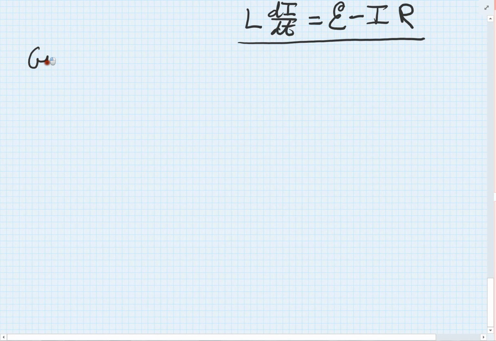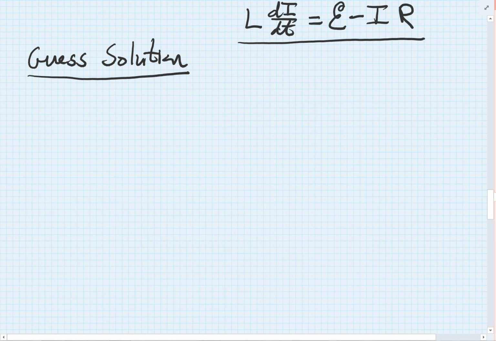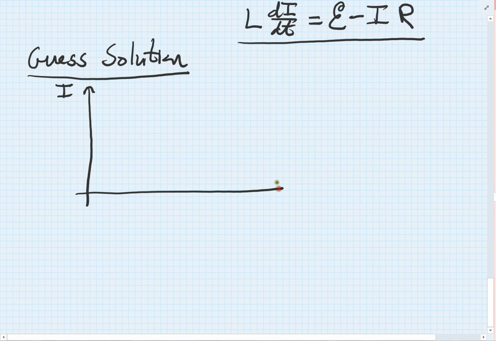So here's the guess we would make for the behavior of the solution, or a sketch of the behavior. I'm going to have some axes, of course. And I'm going to try to figure out here what the current is on this axis as a function of time t on this axis.